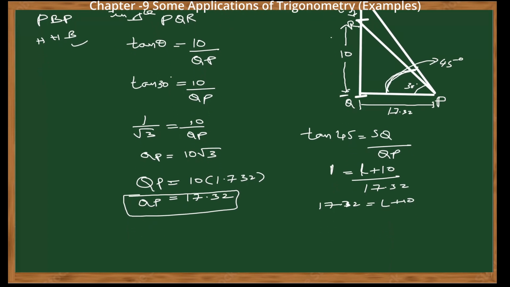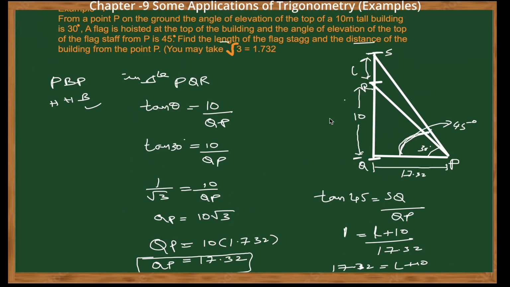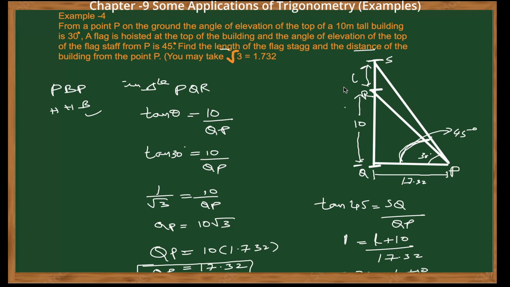Let's take L to the left hand side. L is equal to 17.32, and this 10 goes to the other side and becomes minus 10. So L becomes 7.32. This is the value of the flagstaff. So the L value is 7.32.